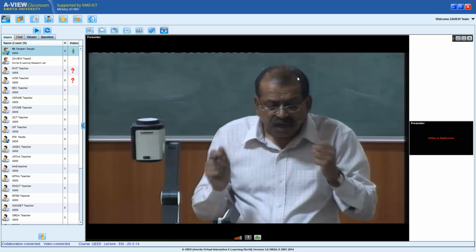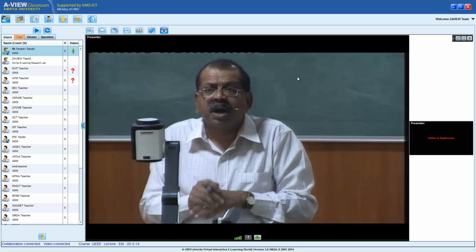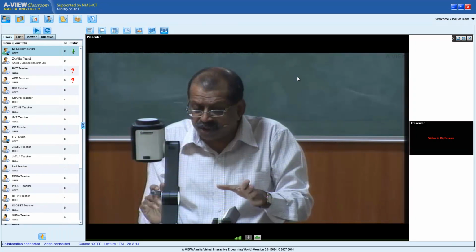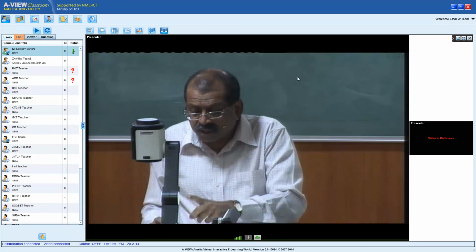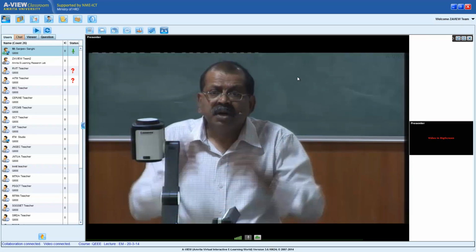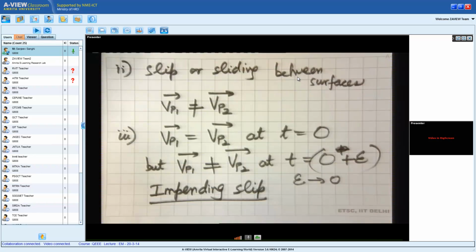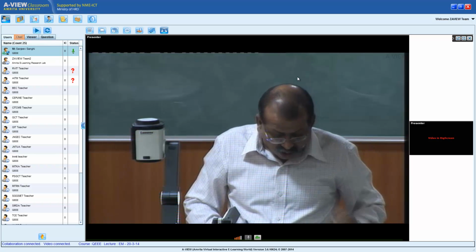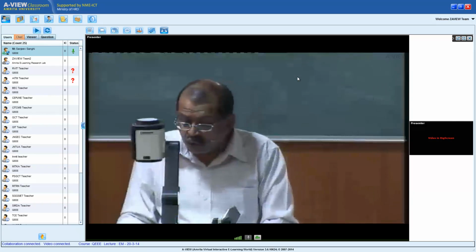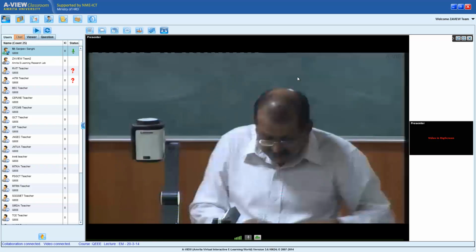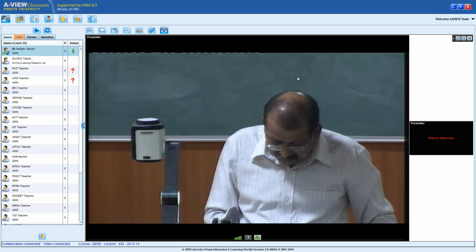So these are the three conditions which come from kinematics, only from motion: slip, no slip, impending slip. Does everybody understand this? The reason why these become important is because our laws of friction have got to do with slip, impending slip and no slip.